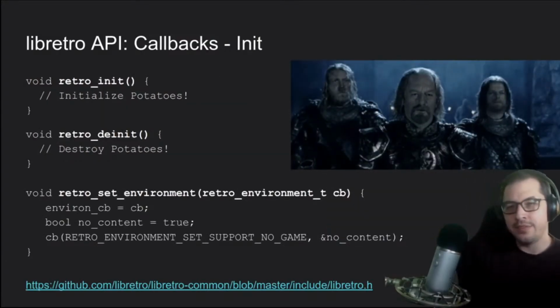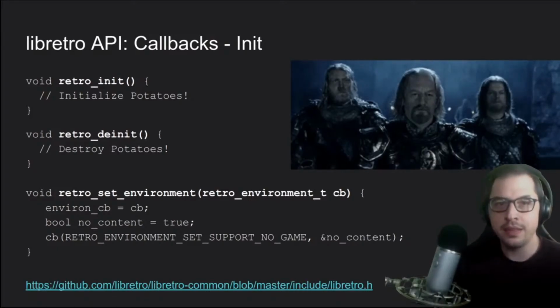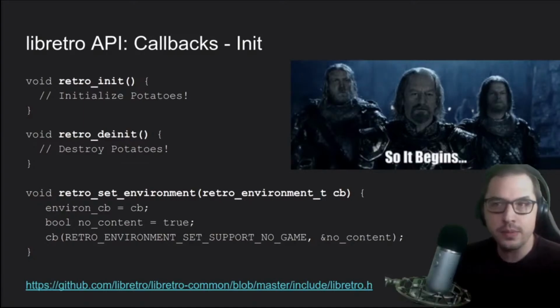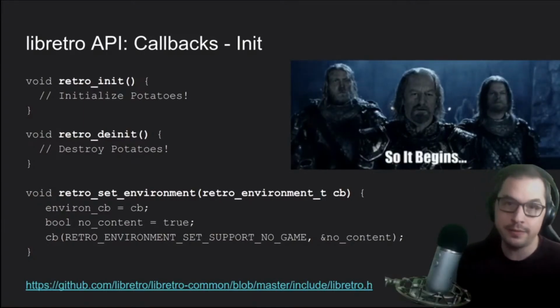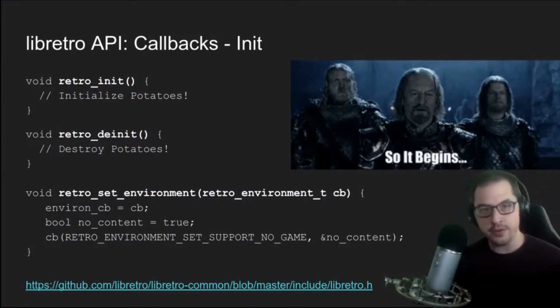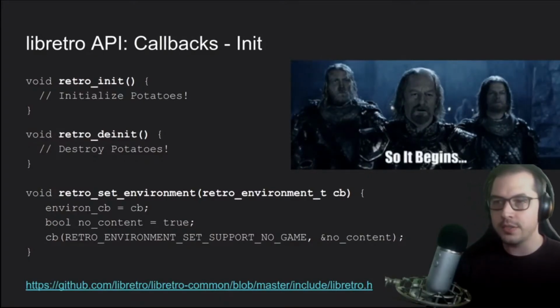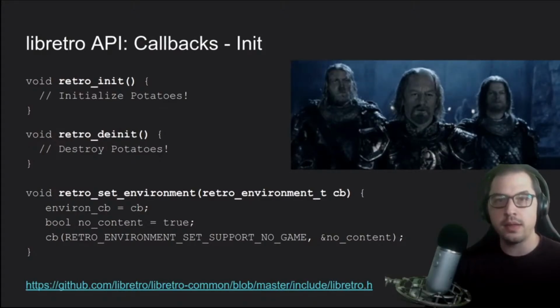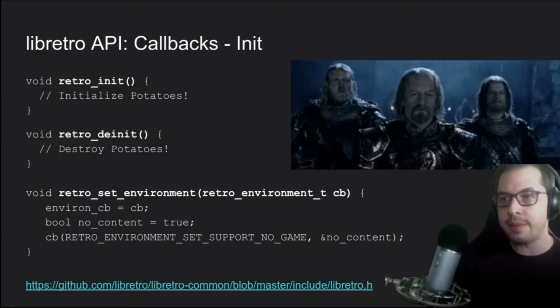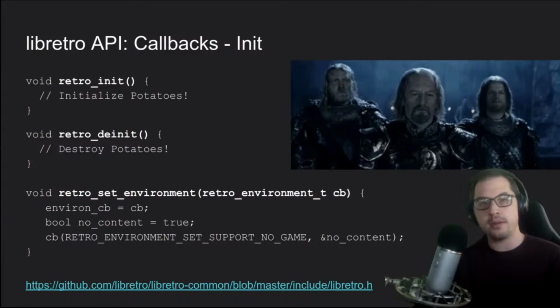And what happens when we start to run and load this core? All the Libretro front ends will call the retro_init function. And in this function, you would put any initialization that you have for your core. There's also retro_deinit, which will free any memory that you've allocated for the core.